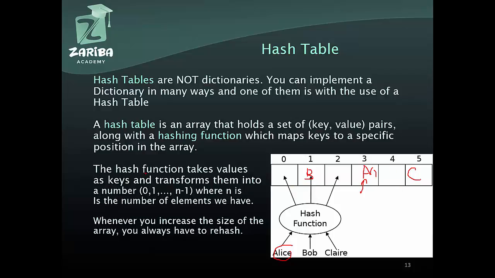The hash function takes values as keys, and gives a number between 0 and n minus 1, where n is the number of initial elements in the array that we want to have. Here this number is 6 because we have 6 elements, but we could have started with a bigger number like 10, 20, 100.